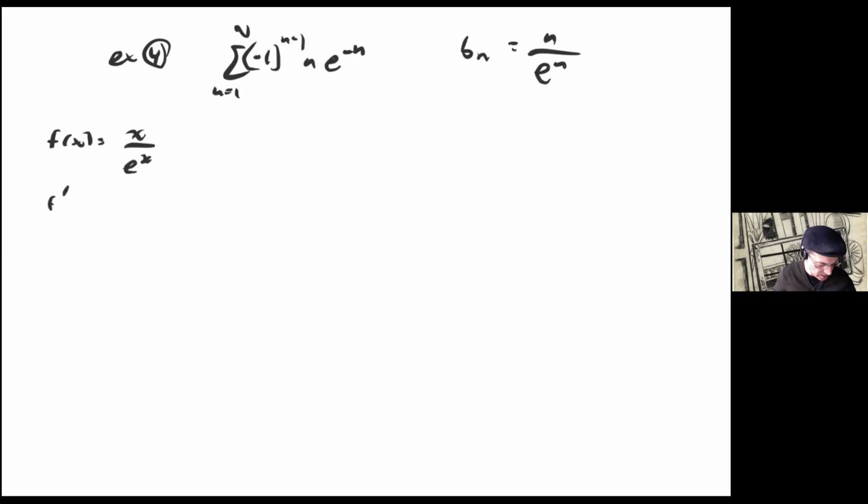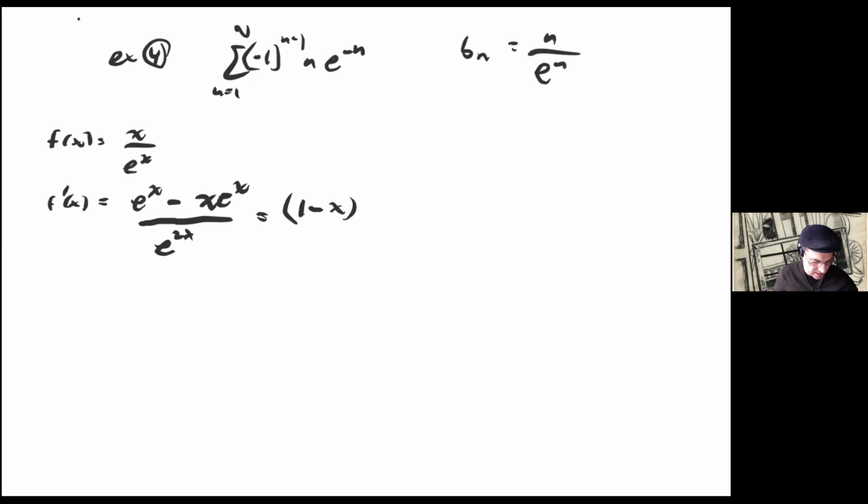So f prime of x is given by e^x times 1 minus x times e^x, over (e^x) quantity squared, which is e^(2x). So that's 1 minus x.